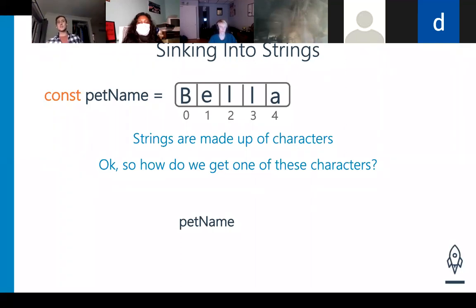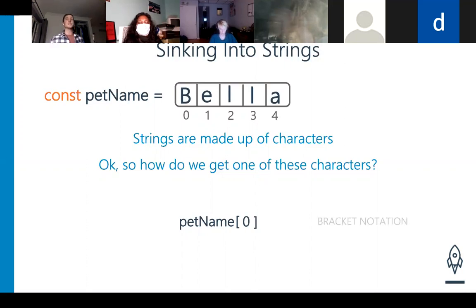So what I do is I start with a variable named petName. And now I want to ask, can I have the 0th index, please? How I do that to a string is I include a square bracket. The square bracket is saying I want a particular index out of this string. In this example, I want the 0th index, so I put 0 here.